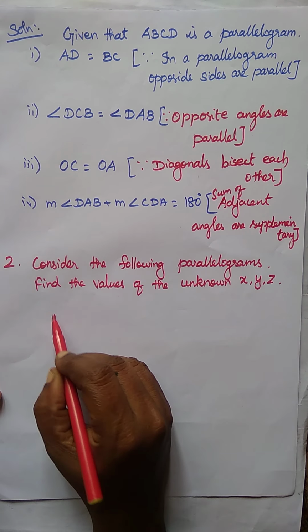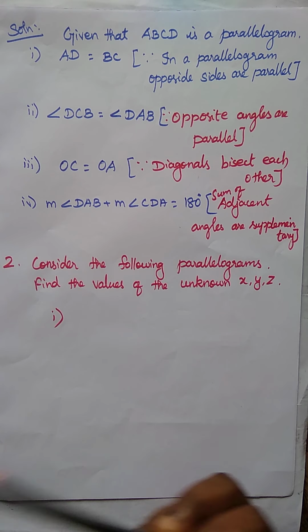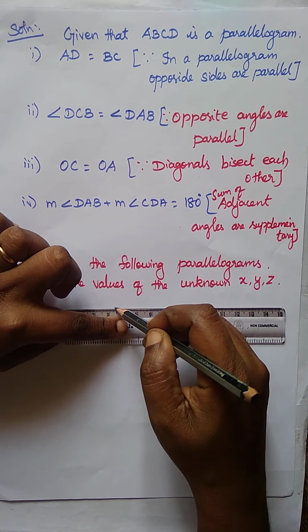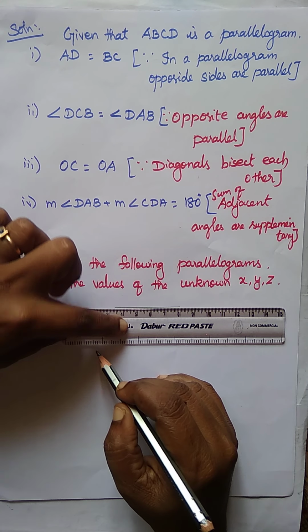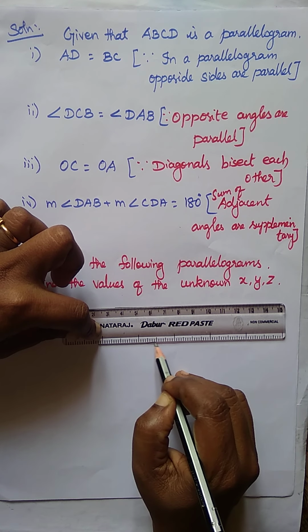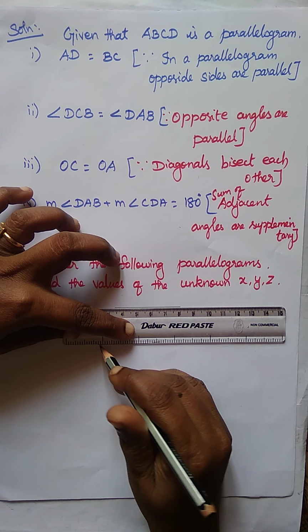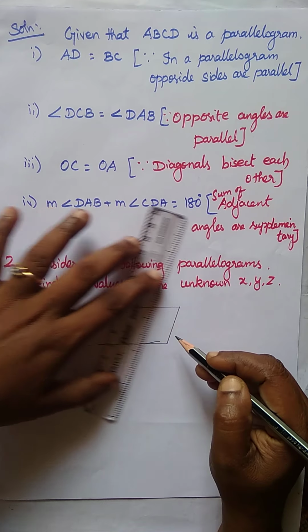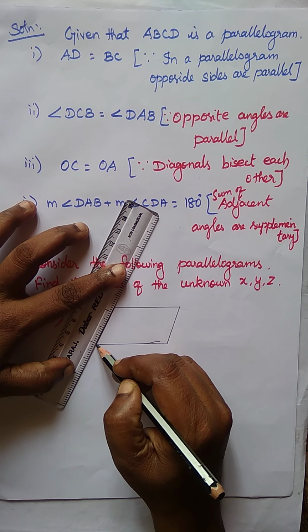First subdivision. It's a parallelogram. Draw a diagram with a scale pencil, draw neatly. So it's a parallelogram, so opposite sides are parallel.